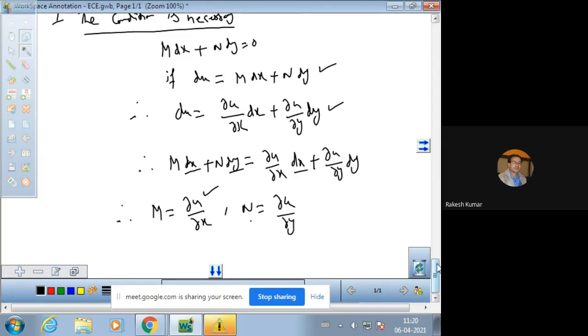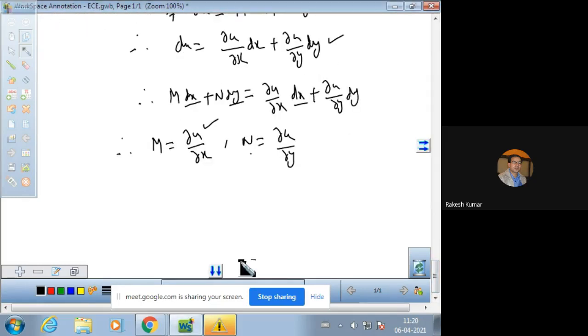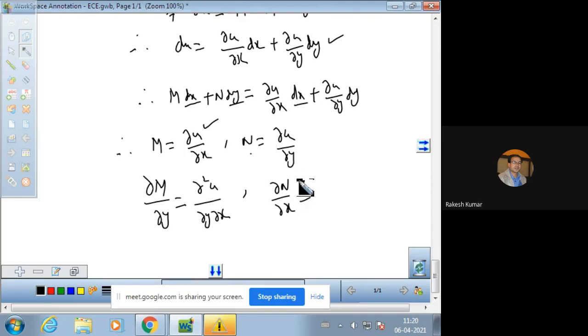Now we can also find the derivative by differentiating m partially with respect to y. So this will come out to be del square u by del y del x. And similarly, the derivative of n partially with respect to x gives del square u by del x del y.